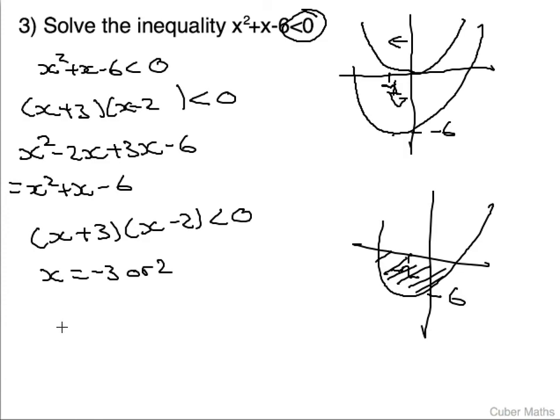So what that means we need to have is minus 3 is less than x, which is less than 2, because these points are the points it crosses, so we know it crosses at 2 and minus 3, and we want the values in between. So minus 3 is the smallest value of x we can have, and 2 is the largest. And we know it's not less than or equal to, because in the original equation it just said less than.